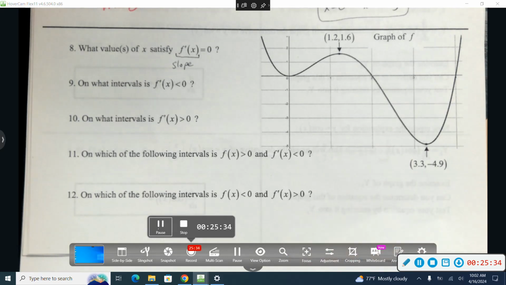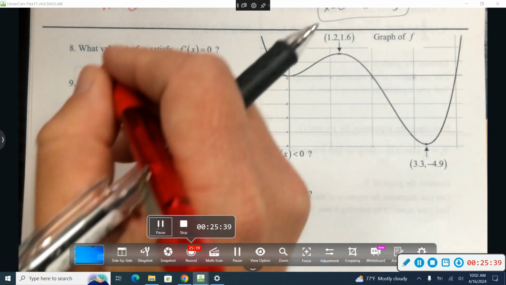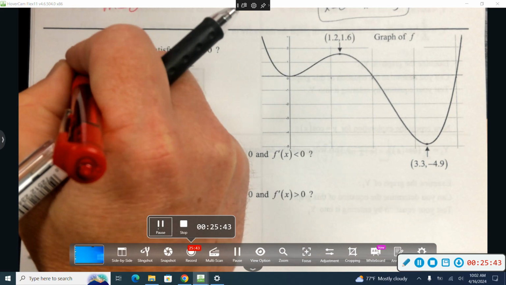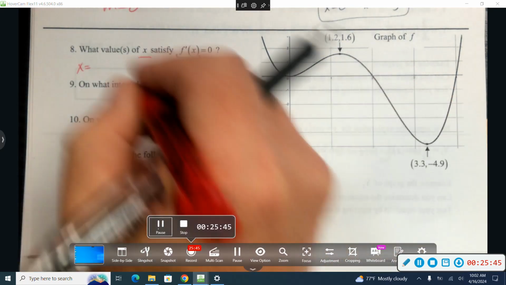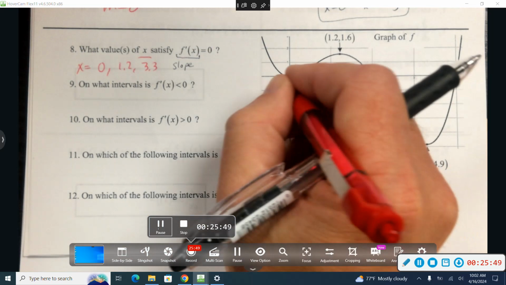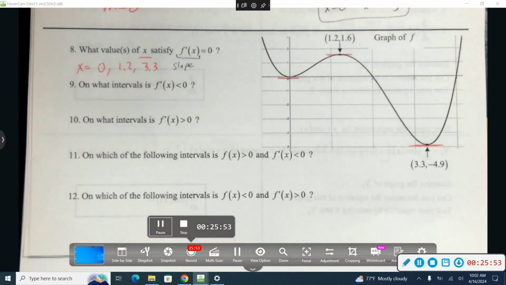At the extrema, yep. So give me some points. 1.2. And it says what values of x. So 1.2 would be one of them. 3.3. 1.2, 3.3, and 0. Right, because those have a slope of 0.